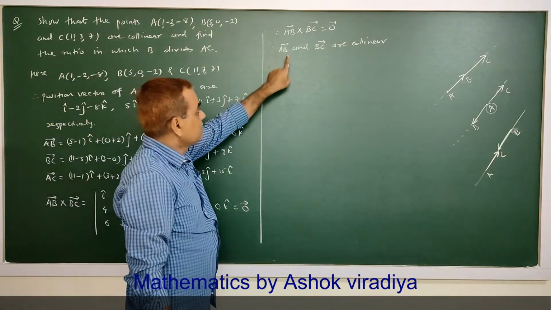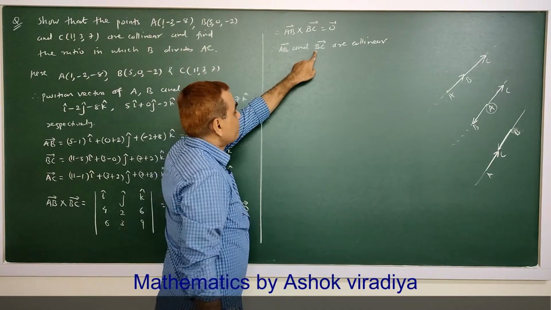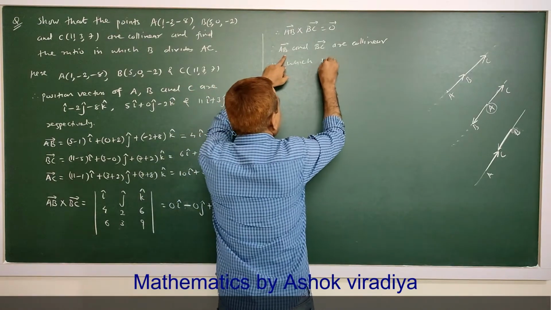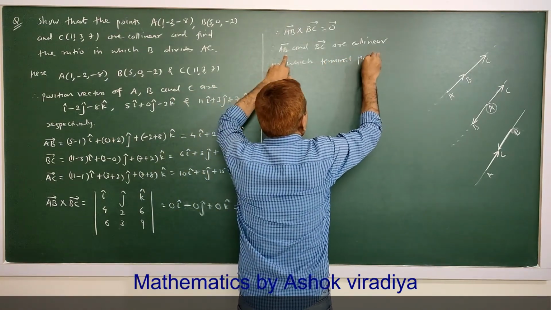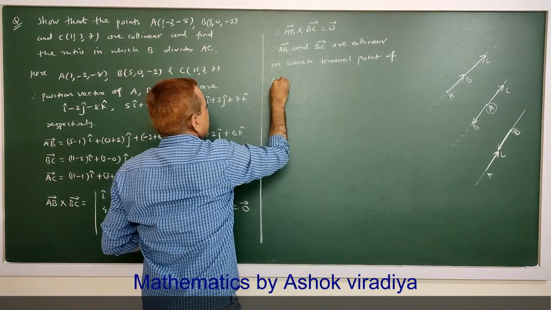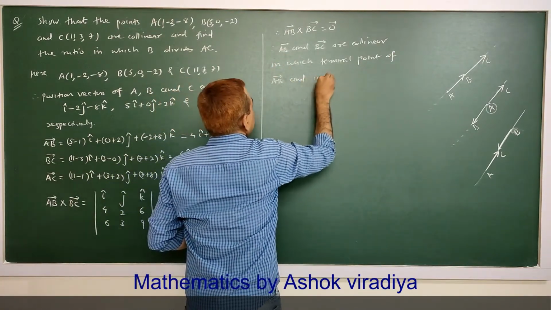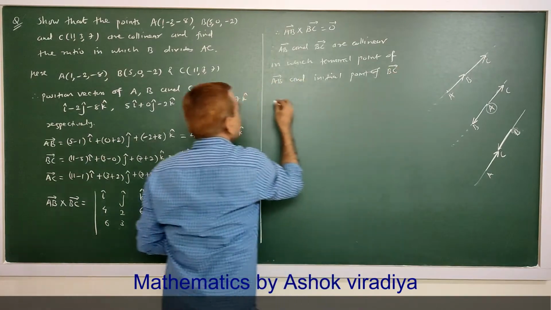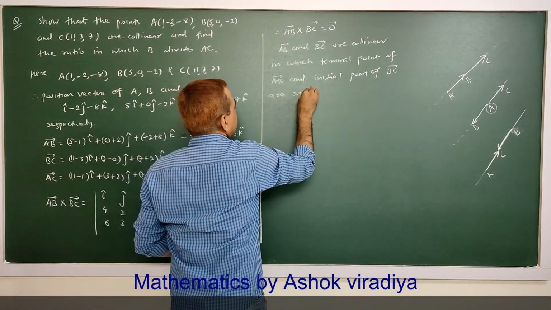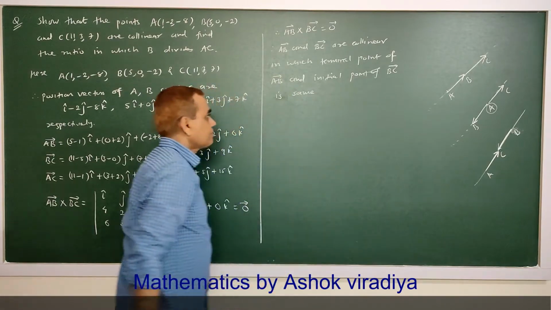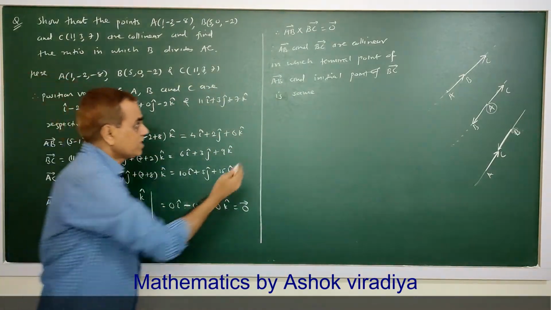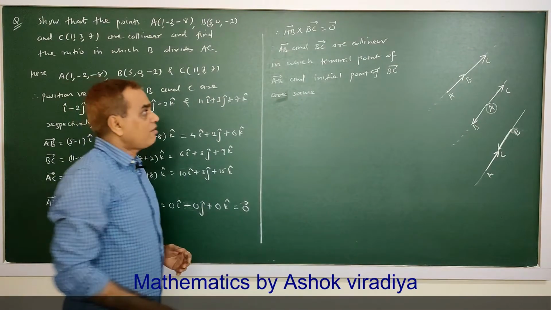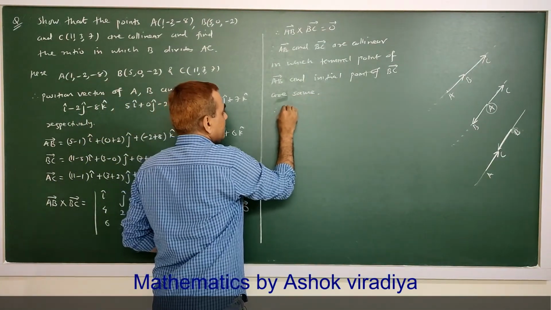And in this, the terminal point of the first vector and the initial point of the second vector, that is, the terminal point of vector AB and the initial point of vector BC, are the same.